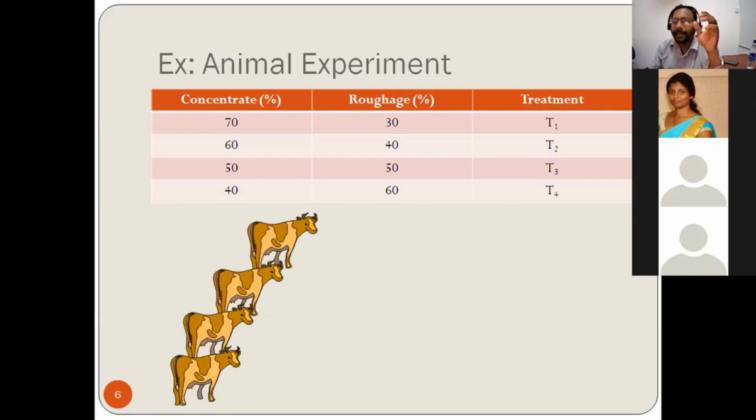Very, very difficult to have animals with the same weight, right? You can get same breed, same age, no problem. Same parity, in a big farm, you can. But with the same weight, no way at all.